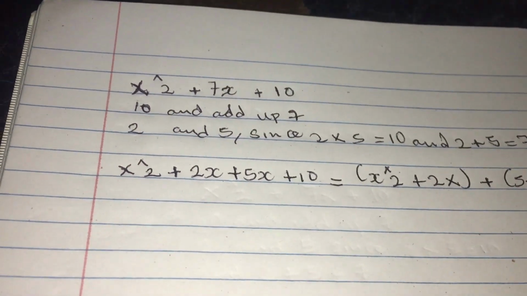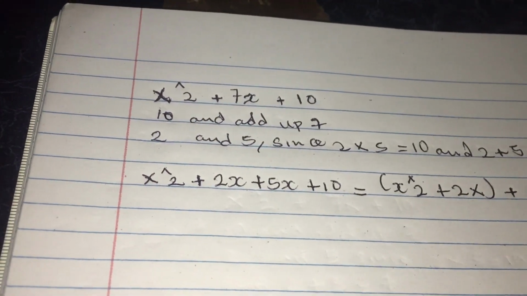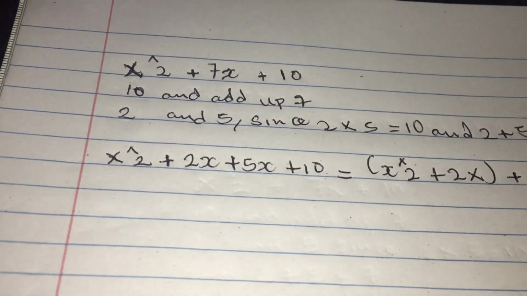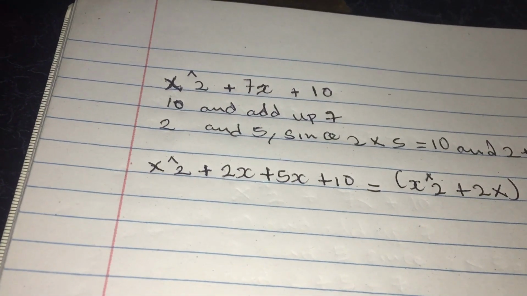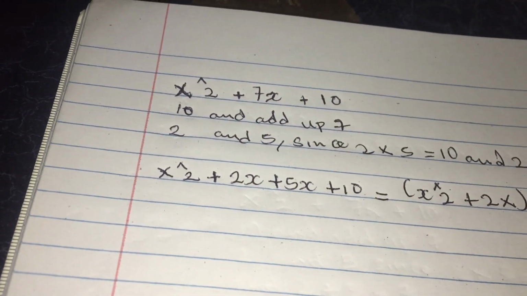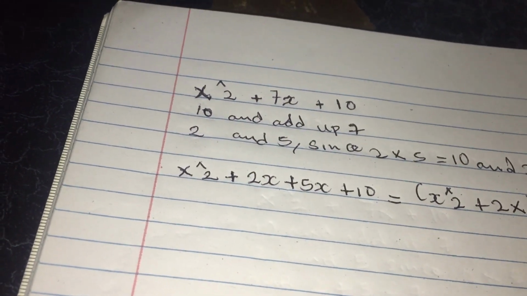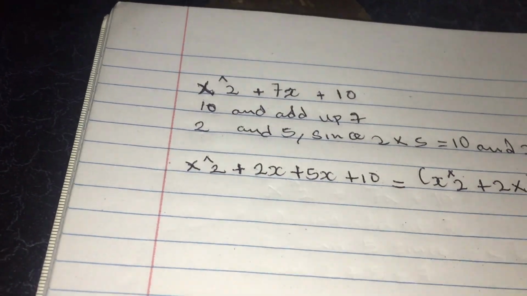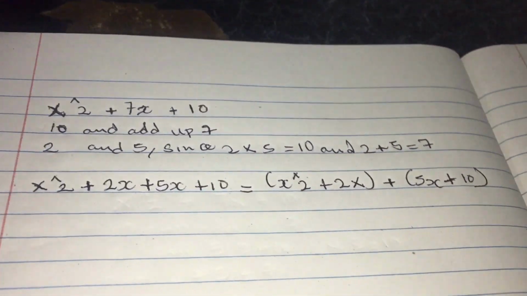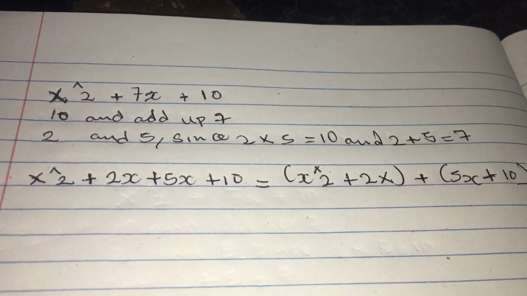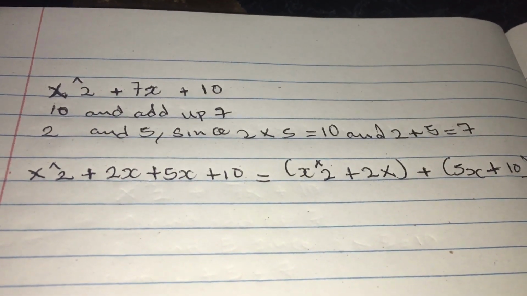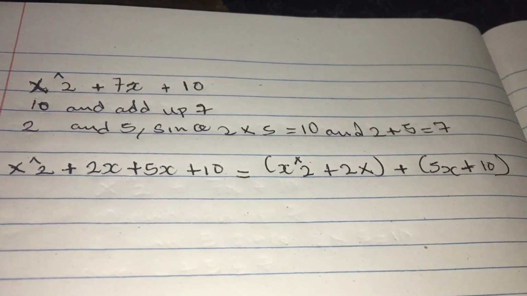Now, what next? Next, we can factor out the greatest common factor from each group. Okay, as you can see, we are going to factor out the greatest common factor from each group.